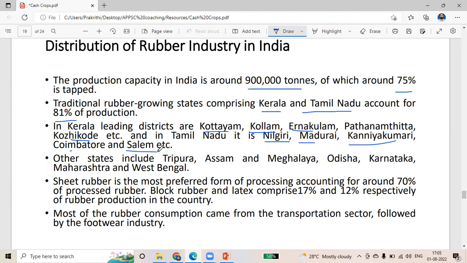The remainder includes mainly northeastern states like Tripura, Assam, and Meghalaya, followed by Odisha, Karnataka, Maharashtra, and West Bengal. So the major contribution is from Kerala and Tamil Nadu.